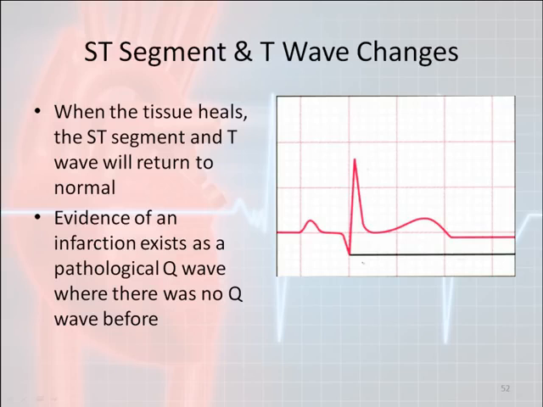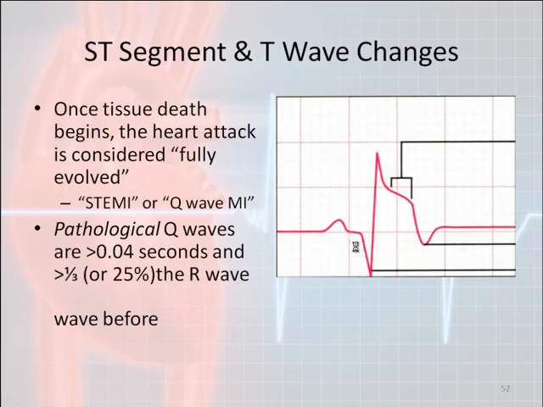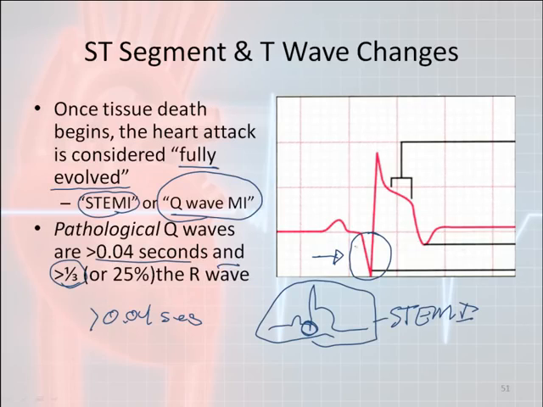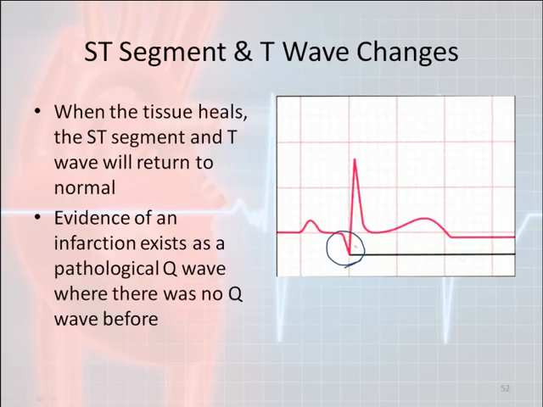What happens if the person actually survives the heart attack? If the person does survive the heart attack and you have a person who has a healed heart, as it were, relatively speaking, there is always going to be evidence of a pathological Q wave. I'm going to back it up one slide here. If the person gets to the point where they have a pathological Q wave, they will now always have a pathological Q wave. This is the healed phase.